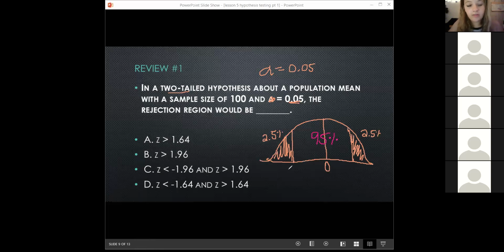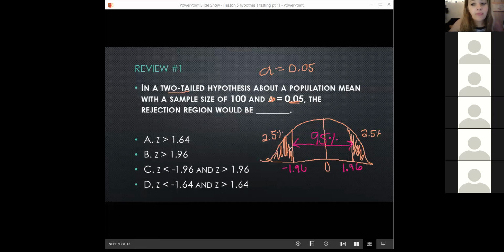That's going to be plus or minus, technically 2, but we will put 1.96 given the numbers we have here for these options. So this would be negative 1.96, and this would be positive 1.96. This comes from the empirical rule, which says that 95% of the data lies within plus or minus 1.96 standard deviations of the mean.